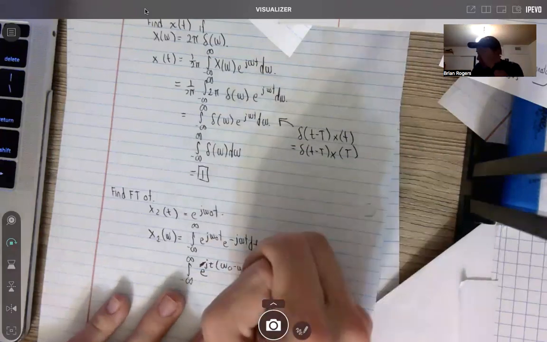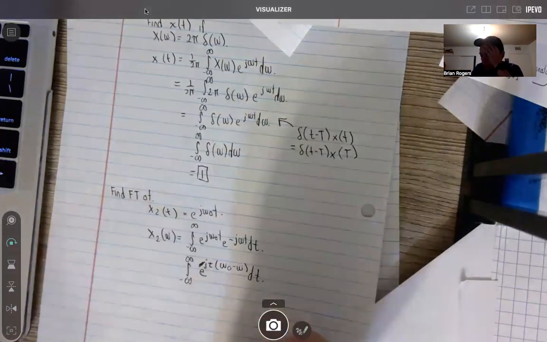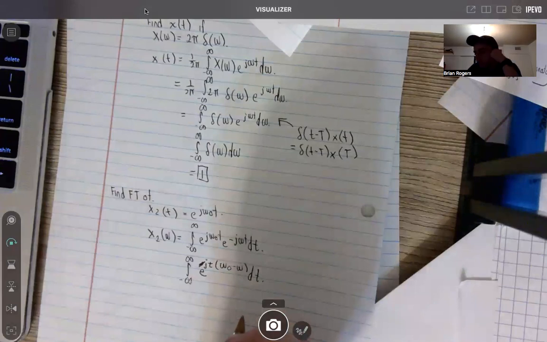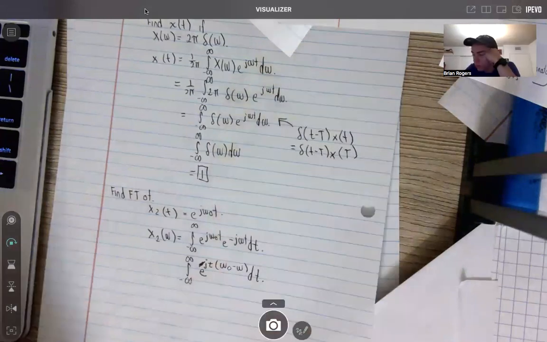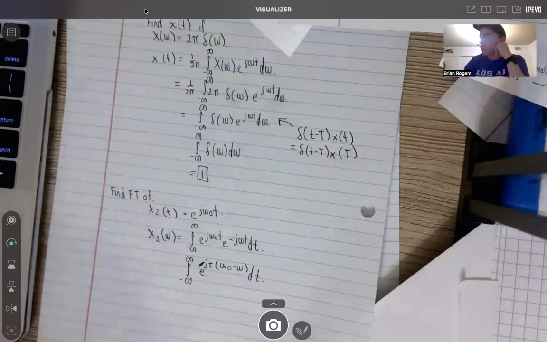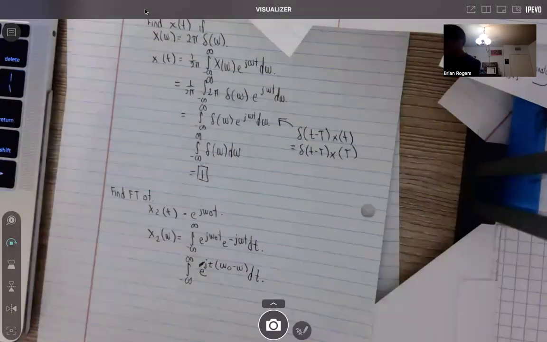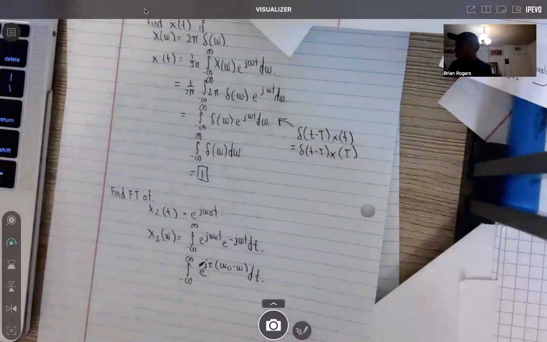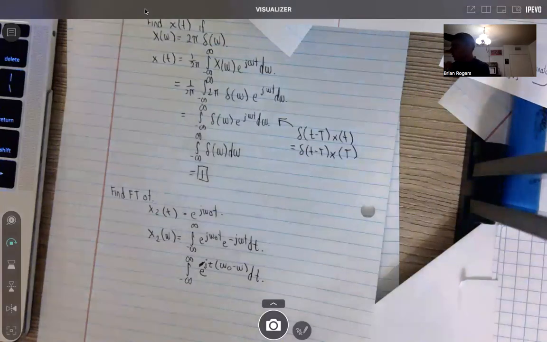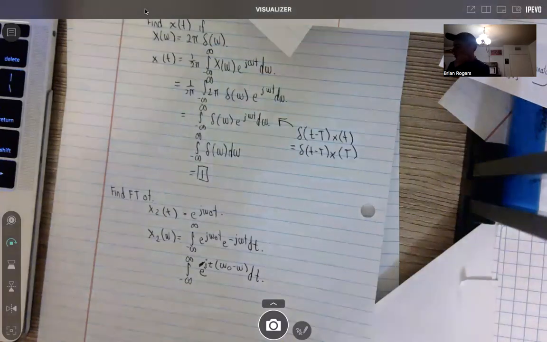And then looking at what we have here, well, what should we do? Let's look at this exponential. Let's look at the Fourier transform. Okay, let's see, 1, 2, 3, 4.